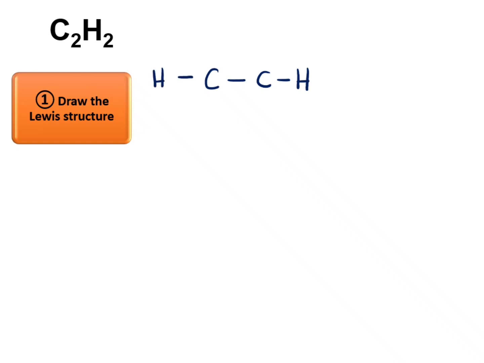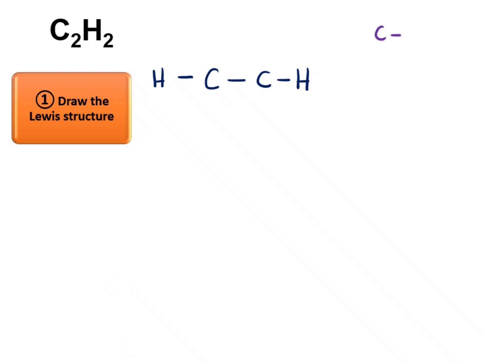Okay, so this is the skeletal structure, and then what we need to do is calculate the total valence electron. So carbon here will be our central atom. So now we have two central atoms. Before this we only had one. Now we have two. So carbon is the central atom, so both here are central atoms.